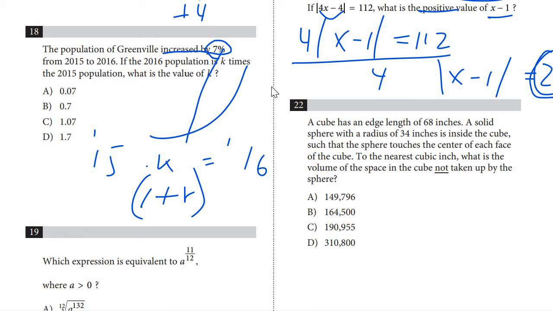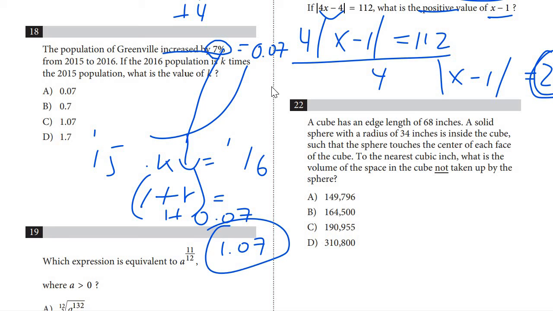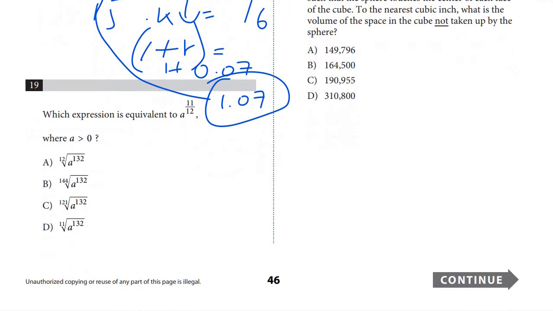In our case, the r is 7%, and 7% you should remember is 0.07, so 1 plus 0.07 is 1.07. And you didn't really need to do any math, you could have just done that in your head to answer the question. I'm just explaining things.